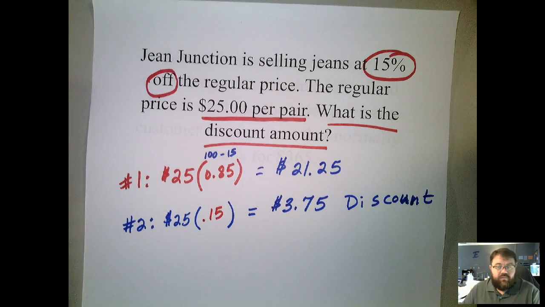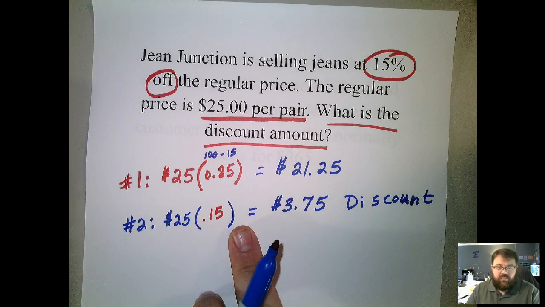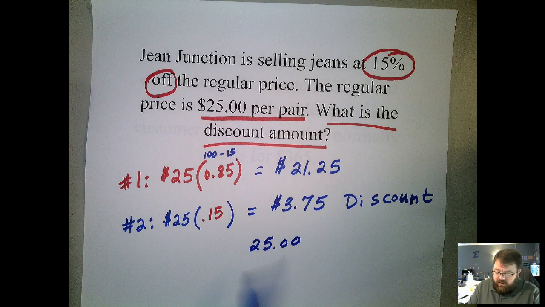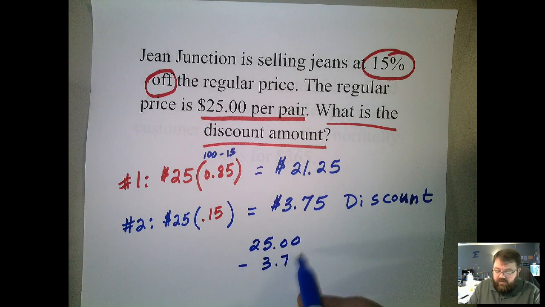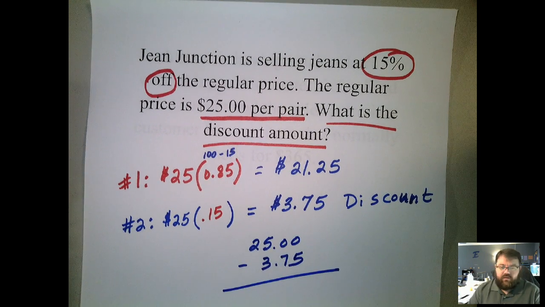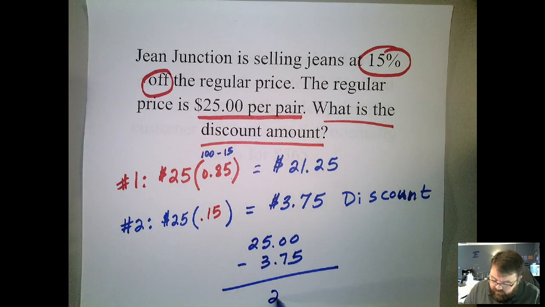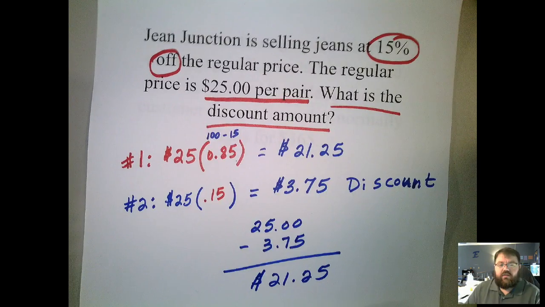So what I do is I would then have to, in step number two, or option two, is take the $25, subtract the $3.75 from it, okay? Now, when I do that, that is going to give me the new price of the jeans.